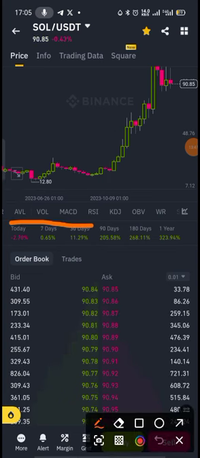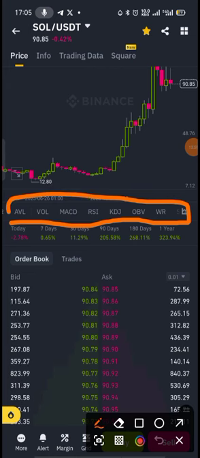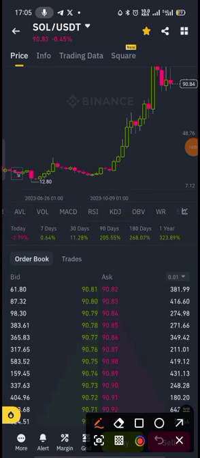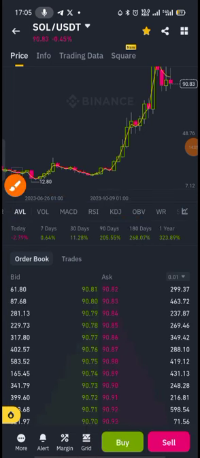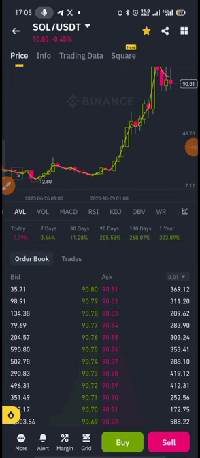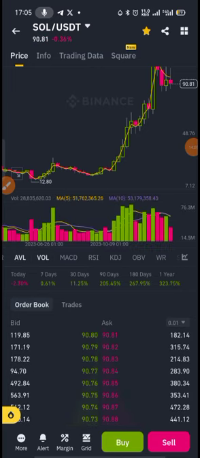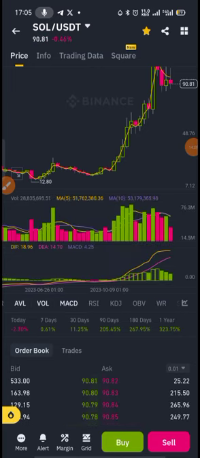Now, under this side, we see what we call indicators. They are used to explain the market for us, or give us different details on the market, on the charts. I'll probably go back to that later. So we have AVL, you have the volume. The volume tells you about the volumes coming in. You have the MACD, moving average convergence divergence.